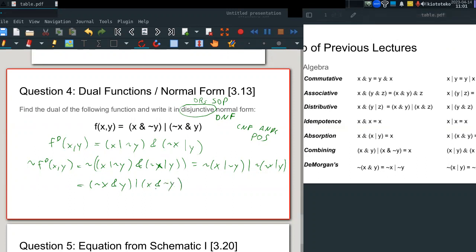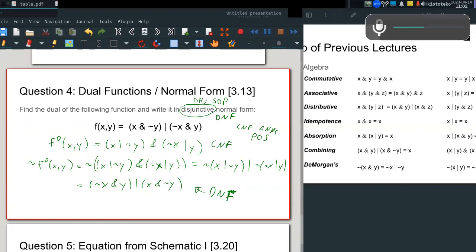And you can see now it's a sum of products, which is a disjunctive normal form. And these are the two forms you express a function, the canonical forms, I think they're called. The normal forms. Again, this is the DNF. And this is the CNF. These are just complements of each other.